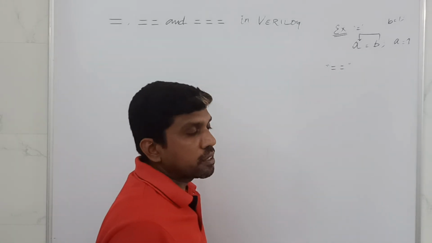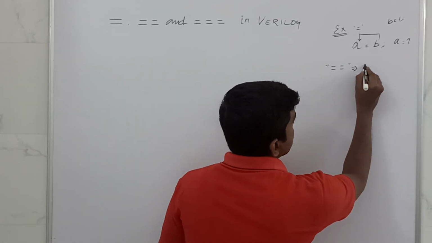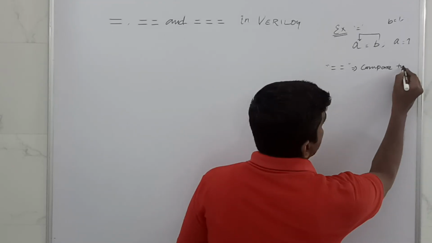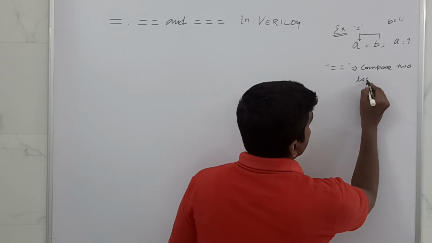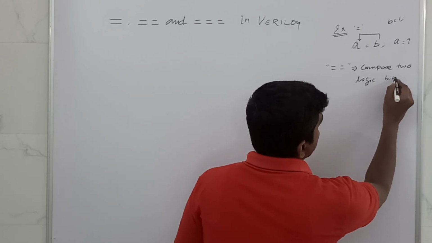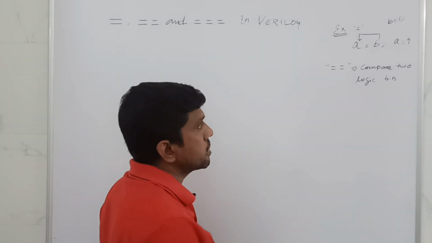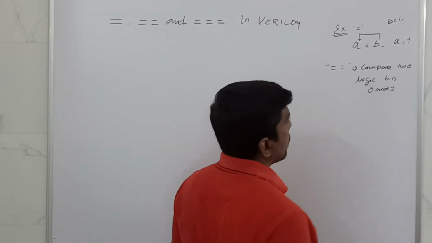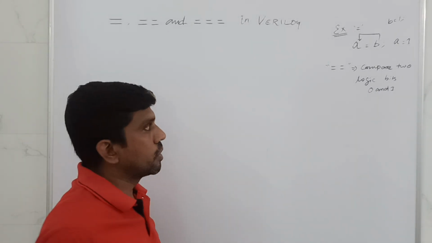Double equal means compare two logic bits, 0 and 1.